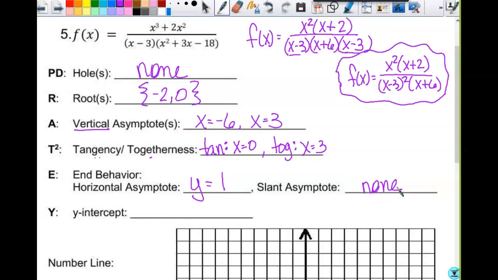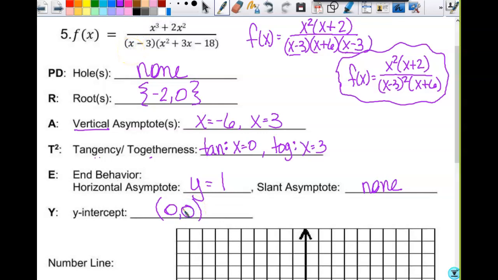What's my y-intercept? No, it's 0 something. It's f of 0, right? So I just substitute in 0 for x. What happens as soon as I do that up here? I get 0 in the numerator, so it's 0.